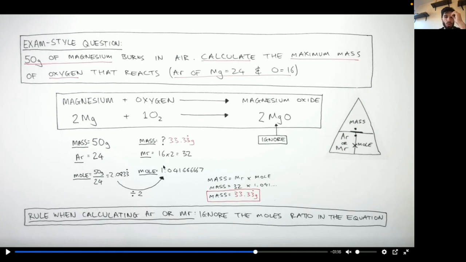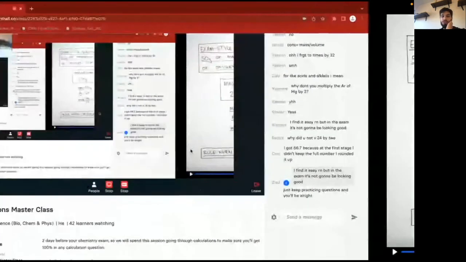And therefore, you get the moles of oxygen, 1.0416666667. You then, look, to calculate mass, it's the MR multiplied by the mole. So it's going to be 32 multiplied by this number right here equals 33.33 grams.